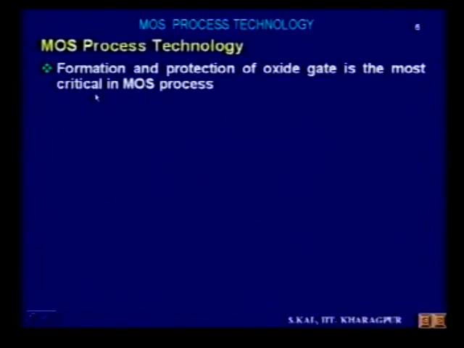Formation and protection of the gate oxide is the most critical step in the MOS process. Source and drain are not so critical, because highly doped source and drain regions you can form anyway. But the gate is very critical, because if you want to reduce the device size, the channel length will reduce, and at the same time the gate oxide thickness is going to reduce day by day, because you want to work at a low threshold voltage.